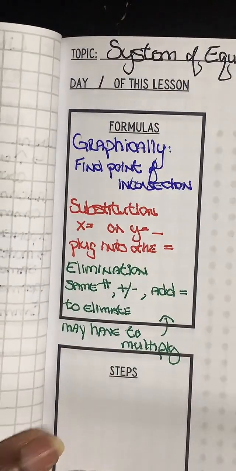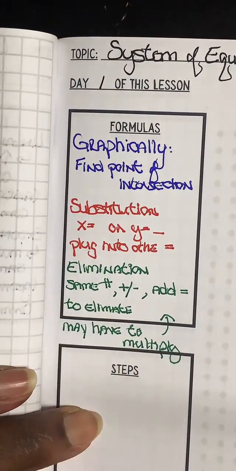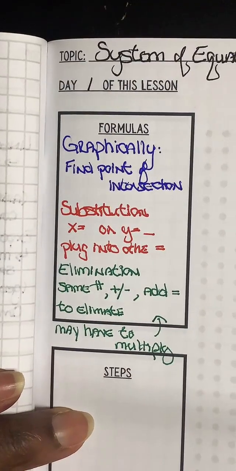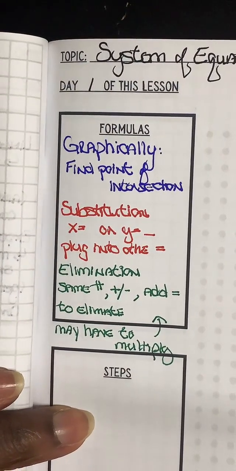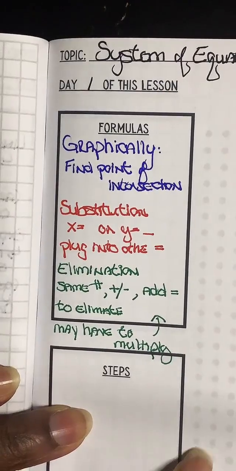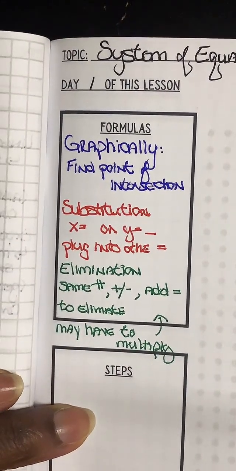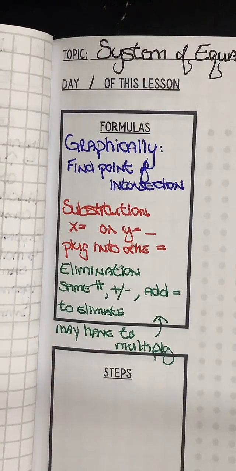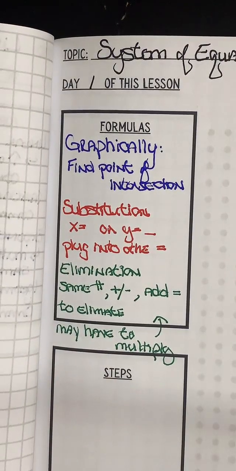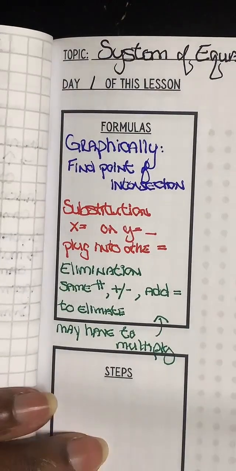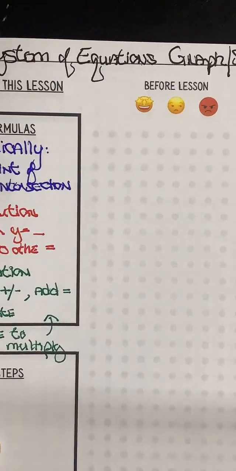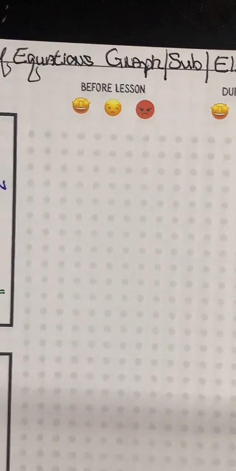Substitution can work here and there, but usually elimination gets it done a little bit faster. This is at the tail end of Algebra 1, and it is also seen in Algebra 2, to answer your question.